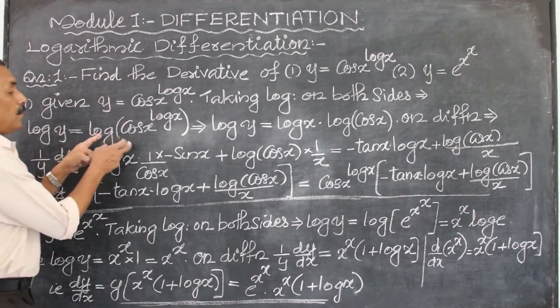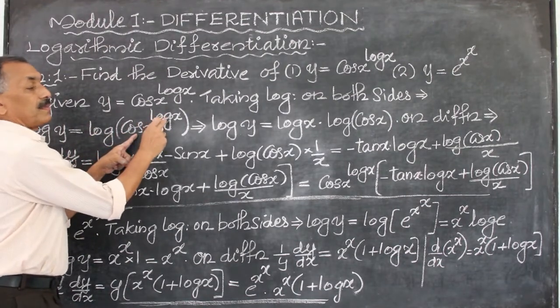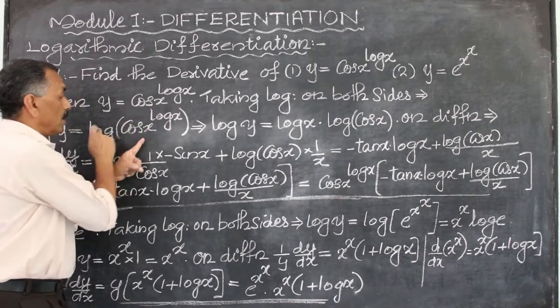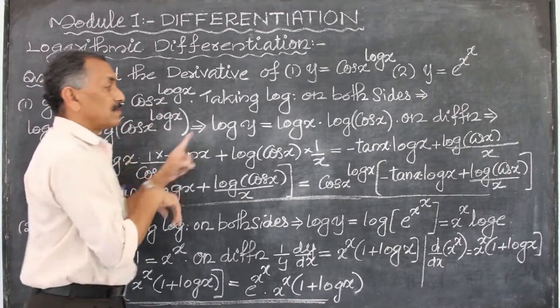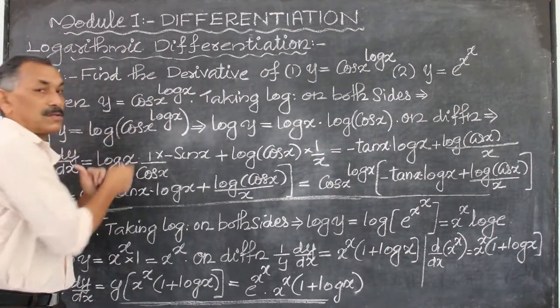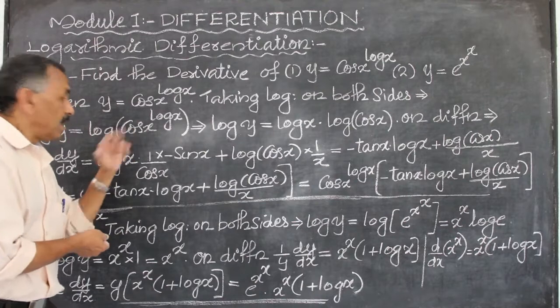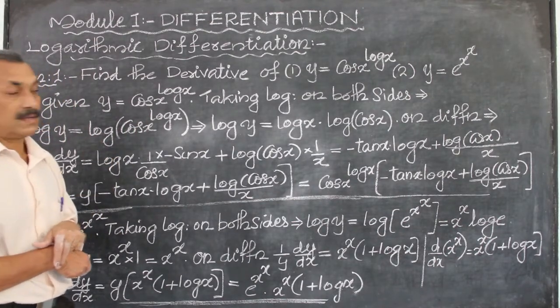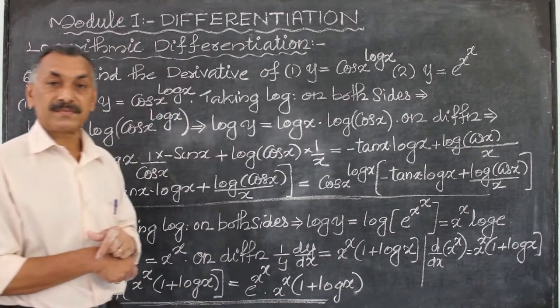This is in the form log of a raised to m. What is log a raised to m? It is m into log a. That is log x into log of cos x. Then on differentiation.